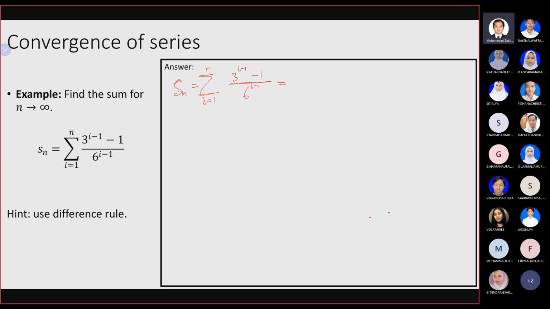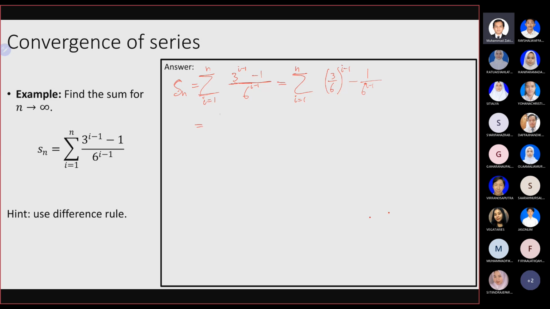So this is equal to sum of I from 1 to n, 3 over 6 power I minus 1 minus 1 over 6 power I minus 1.